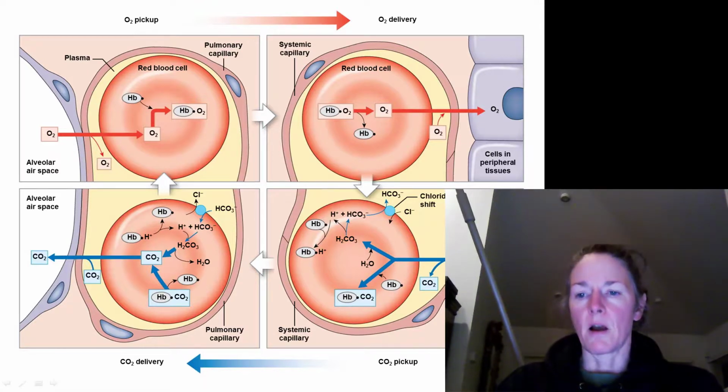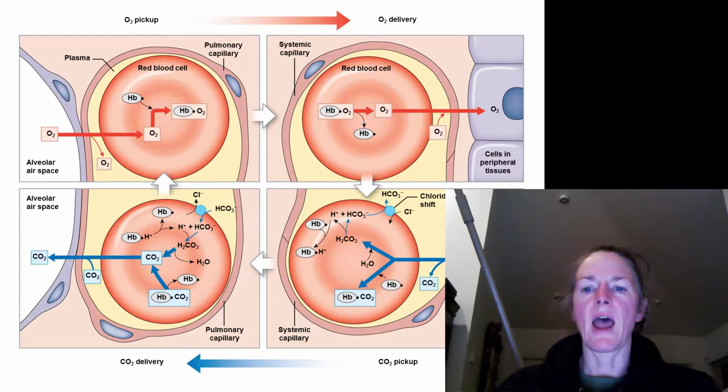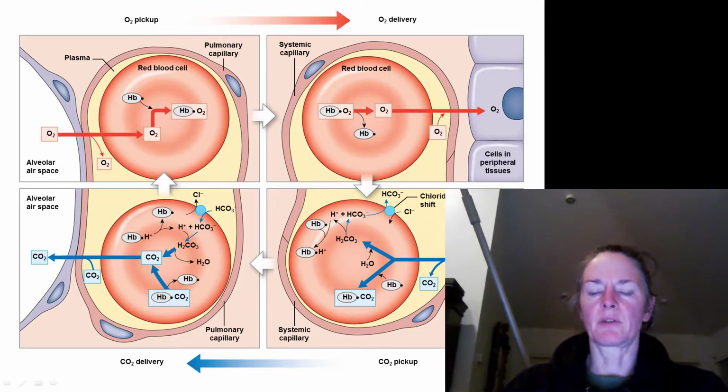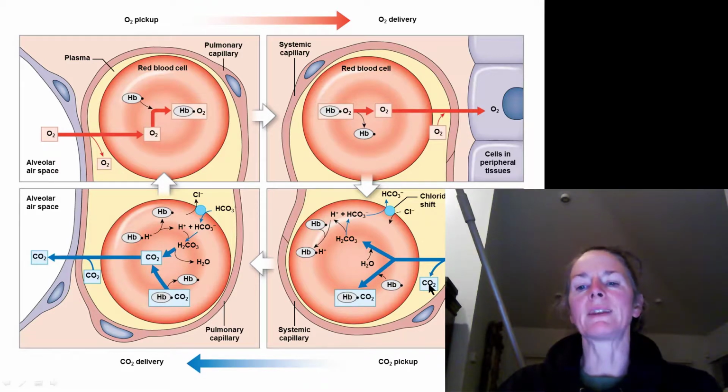Now, the carbon dioxide in the tissues is going to be about 45 millimeters of mercury partial pressure, as compared to about 40 in the blood. So what's going to happen is we're going to have our three pathways. Some of that carbon dioxide, about 7%, will be dissolved directly by the plasma.